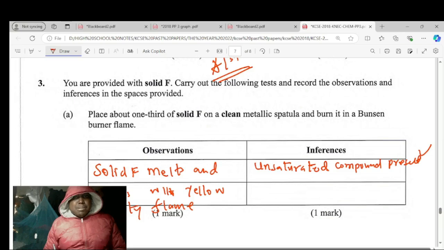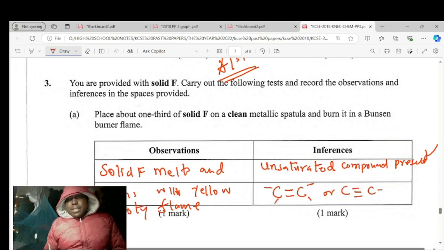Make sure the carbons have 4 covalent bonds, or triple bond. The carbon should have 4 covalent bonds surrounding it. So these ones are present. Tumesema unaweza tumia hii jibu ya juu ya maneno unsaturated organic compound present, or you write this one present.